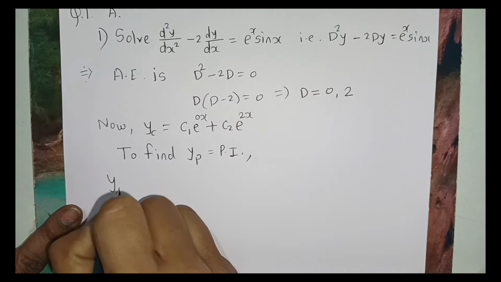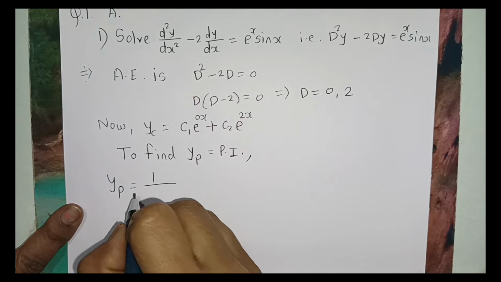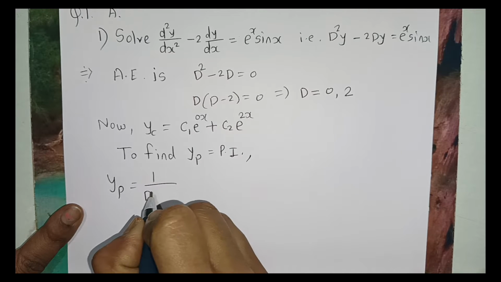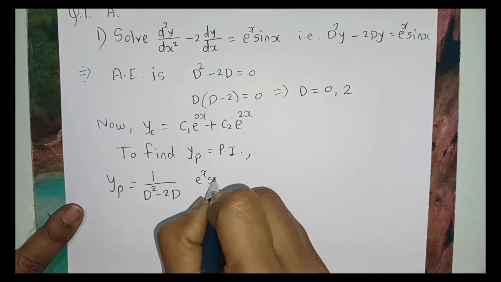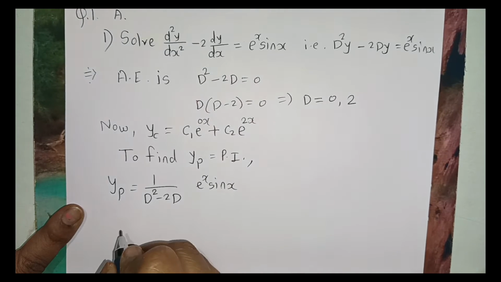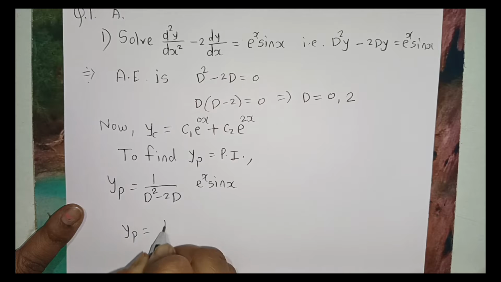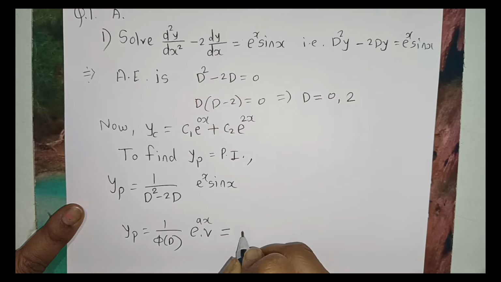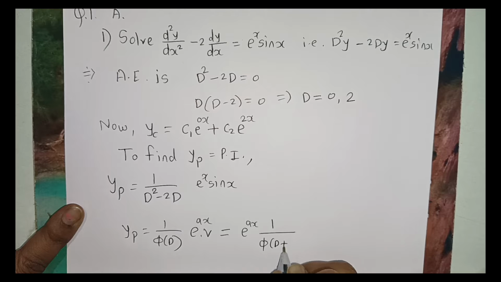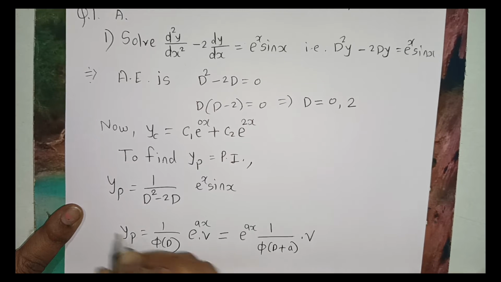So yp is equal to 1 upon f(D), that is 1 upon D² minus 2D, operating on e^x sin x. What is case 5? yp = 1/f(D) e^(ax) v can be written as e^(ax) 1/f(D+a) operating on v.